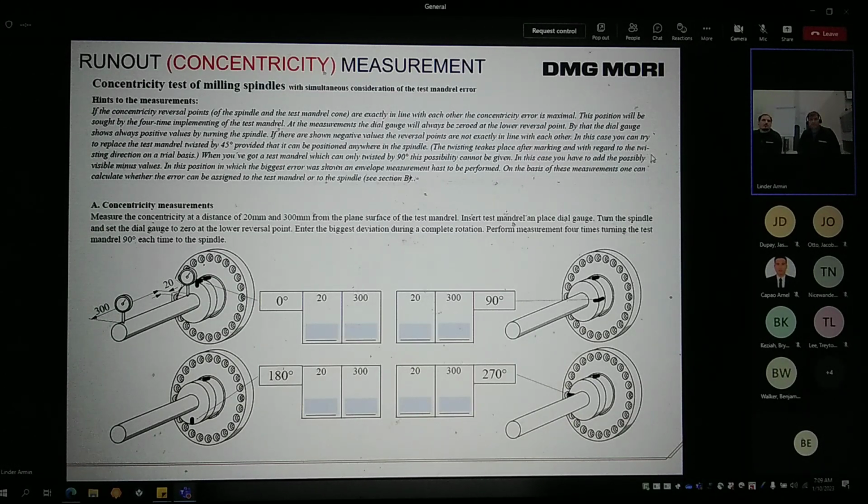So mostly you should have half the tolerance, or maximum I would say 15 microns. So that's something that I told.